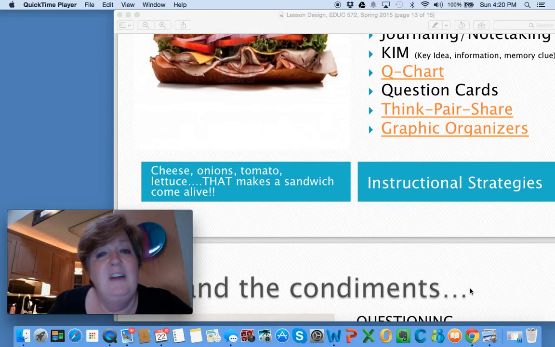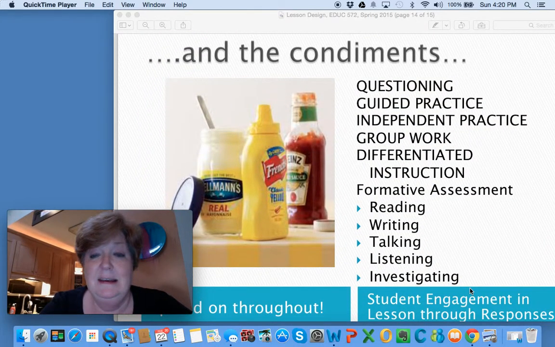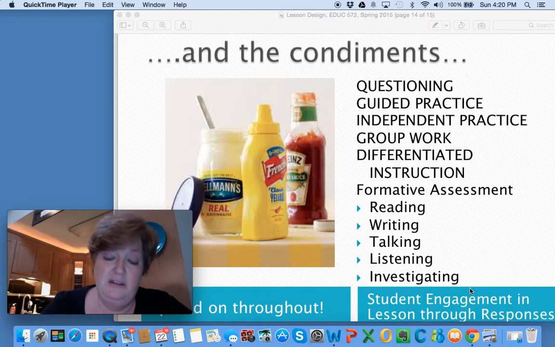And finally, our sandwich might be pretty dry if we didn't have some condiments. And there are just a lot of ways to put variation into your lesson. You can have teacher-led questioning. You can have students working alone. You can have students working in groups.